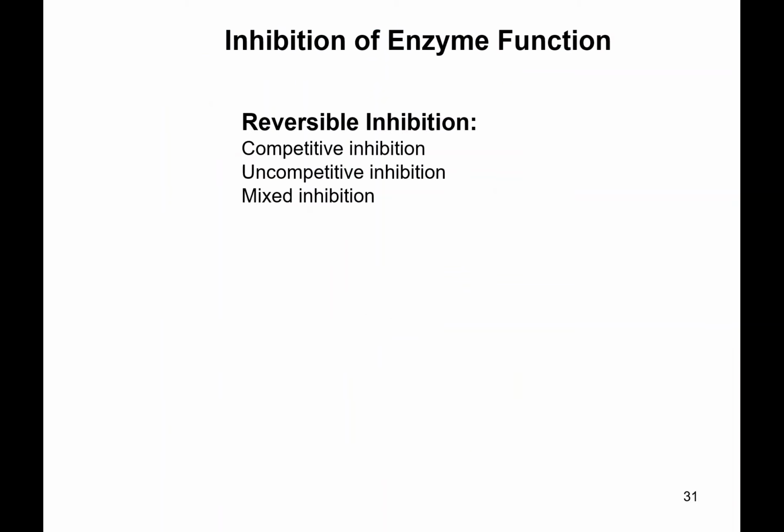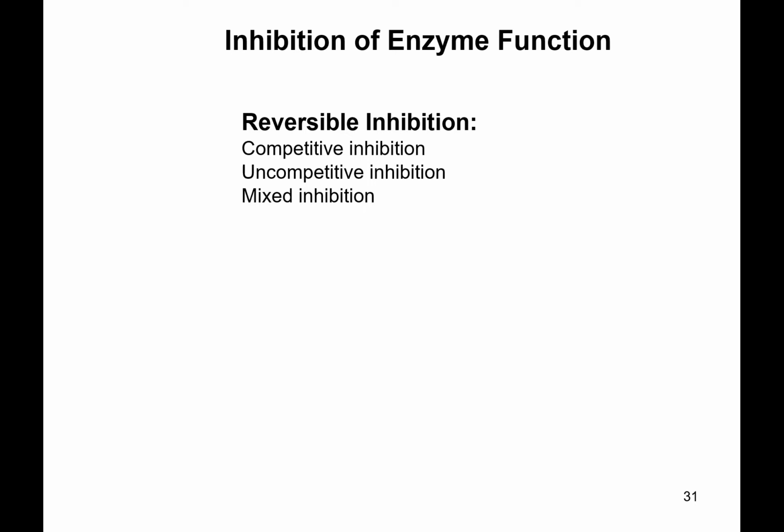Now we're going to talk about inhibition of enzyme reactions and how that relates to the kinetics. And there's 3 types of reversible inhibition. First, we'll talk about what's known as competitive inhibition.